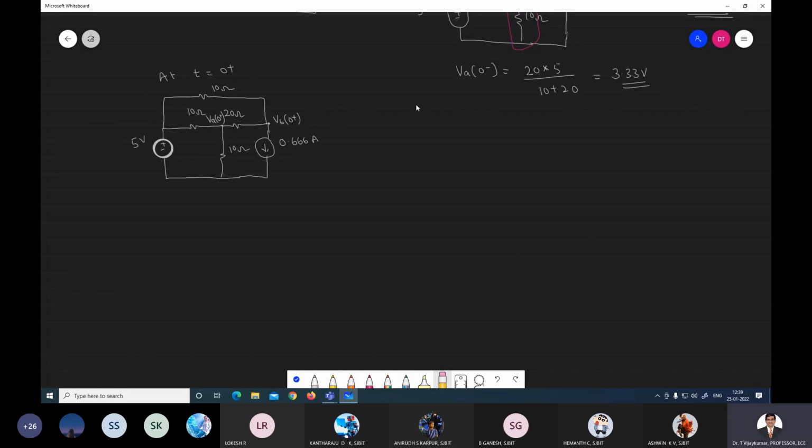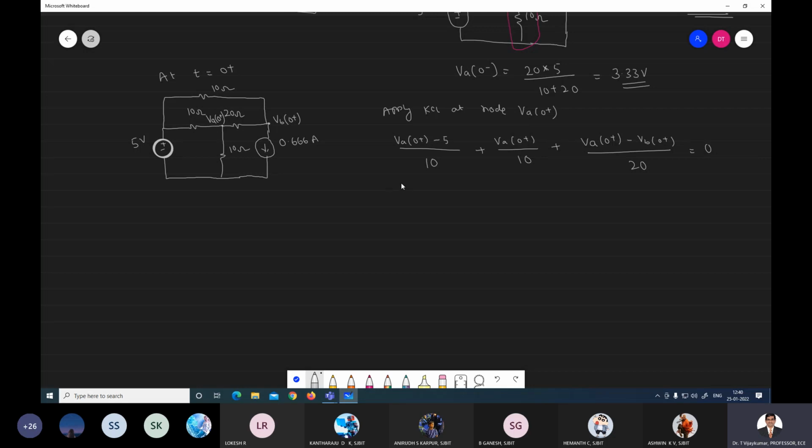Apply KCL at node VA0 plus. We can write it as (VA0 plus minus 5) divided by 10, plus VA0 plus divided by 10, plus (VA0 plus minus VB0 plus) divided by 20, is equal to 0.